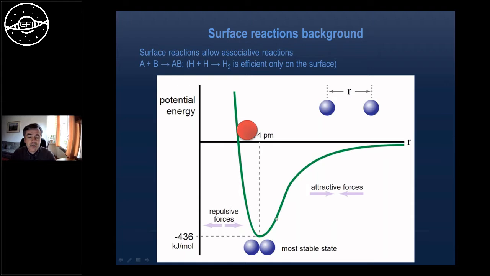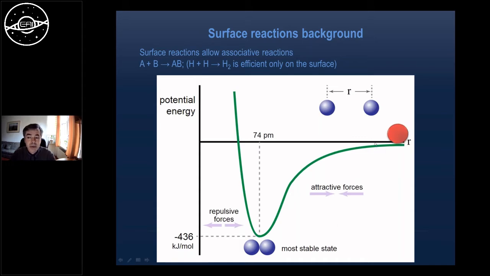But in the gas phase, the reaction energy cannot be dissipated, so the system will not stop here. It will go up, and then the hydrogen atoms will repel each other, and we would have a complete back dissociation, so the reaction would not take place.